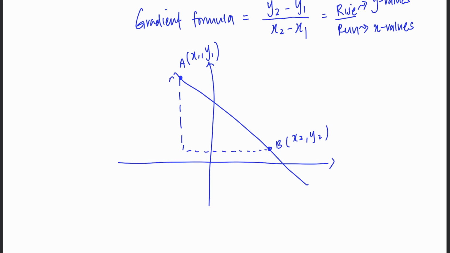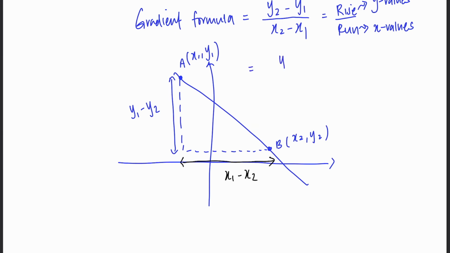Notice that the rise here is actually y1 minus y2, and the run here is x1 minus x2. You can see that it's roughly the same as the formula, but the sign is a bit different.